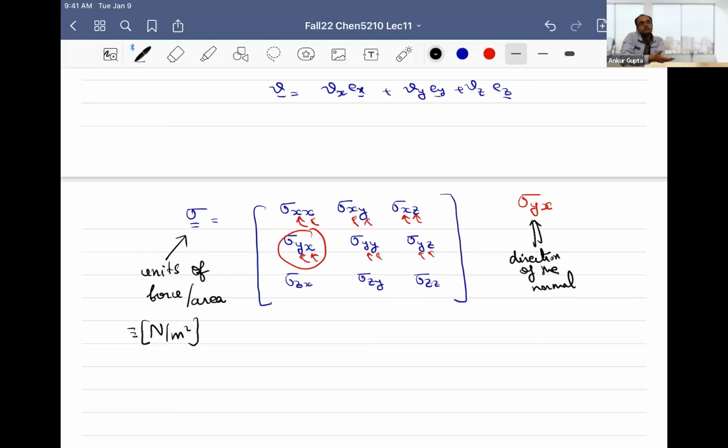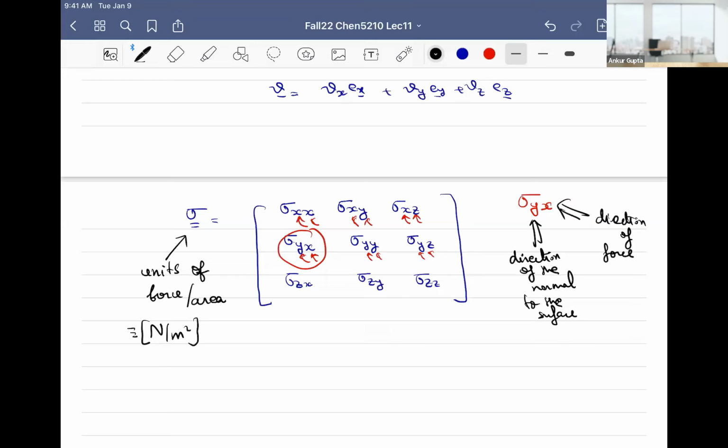If I have a surface, I have a direction of the surface, which is the direction of the normal to the surface. Why do you think I need the other direction? Right, the direction in which the force is applied, because force itself also has a direction. So you need two directions: one to define the direction of force, and the other to define the direction of the surface. And that's the key element.